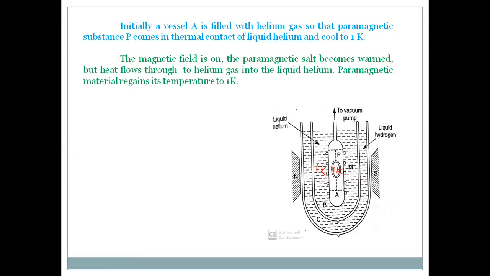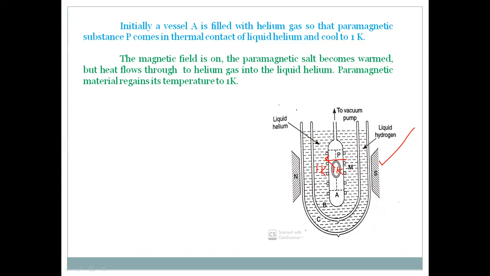Now the magnetic field is on. When the magnetic field is on, the molecules in the gadolinium sulfate are aligned into the direction of the magnetic field. So the temperature of this gadolinium sulfate slightly increases. Already this is 1 Kelvin; after applying this magnetic field, the temperature may reach 1.1 Kelvin or 1.2 Kelvin.